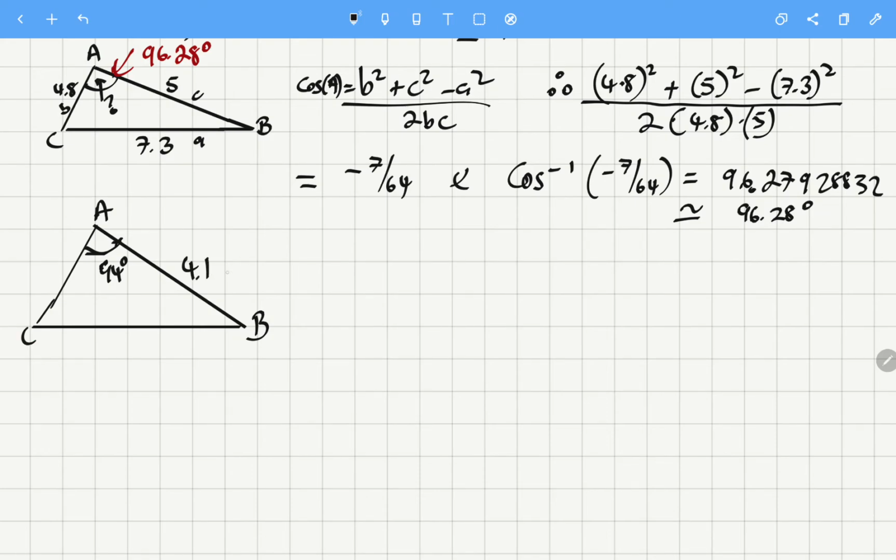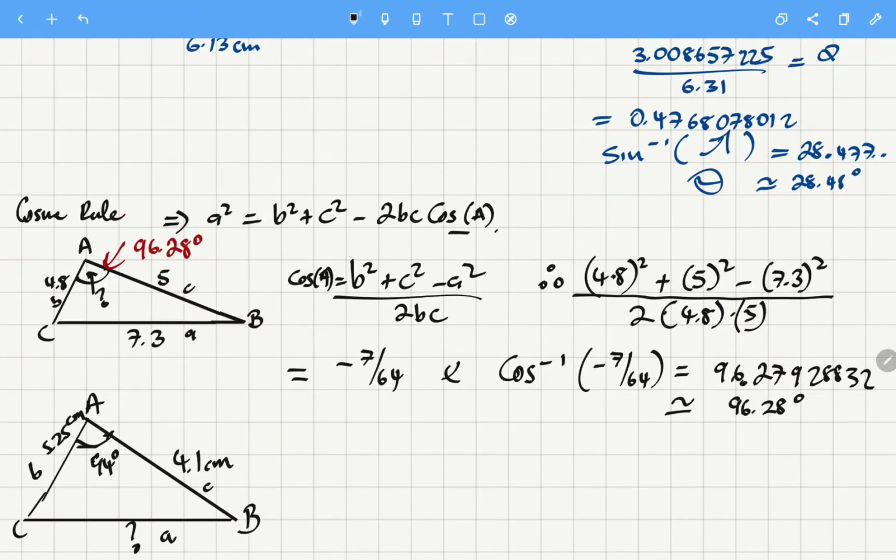That's 4.1, then my A is unknown, and my B is 5.25 centimeters.